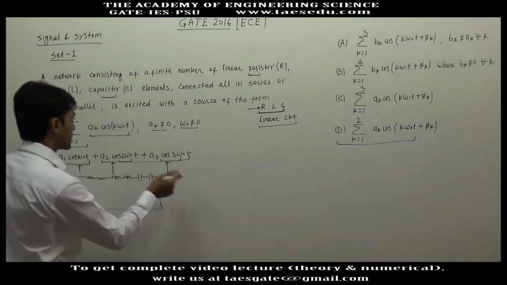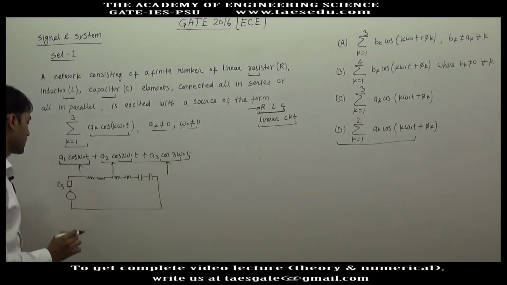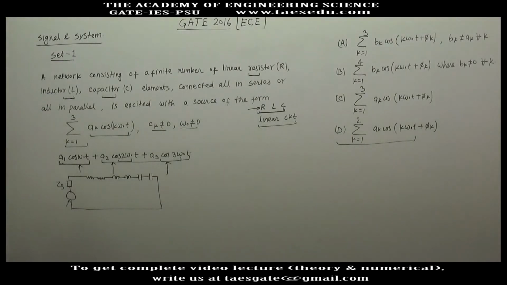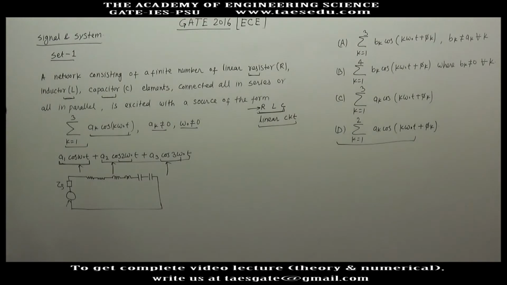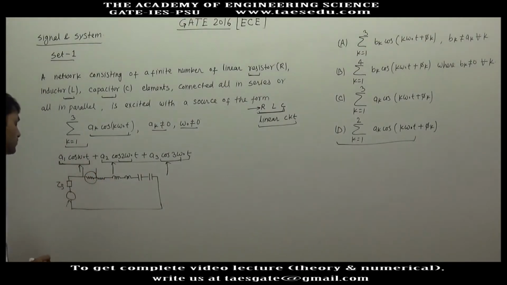Let's say they are connected in series, and this is the source impedance. And this source has three voltages. It contains voltages of three different frequencies. And let's say we are interested in finding out the voltage across this resistor.